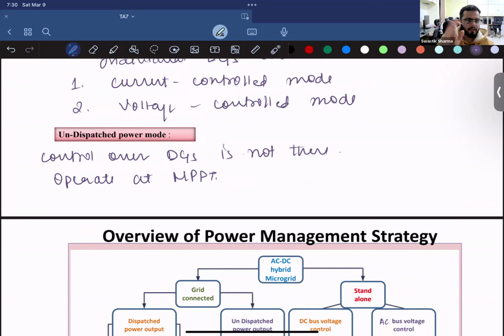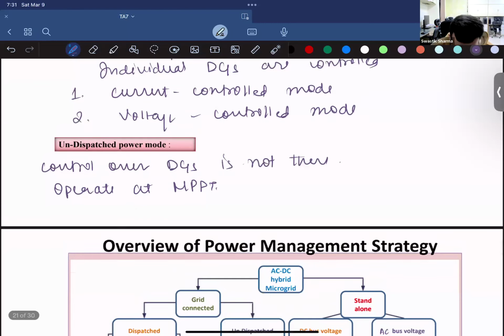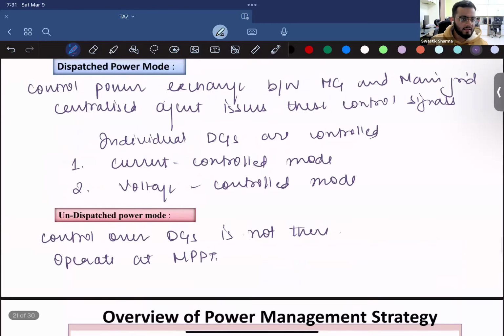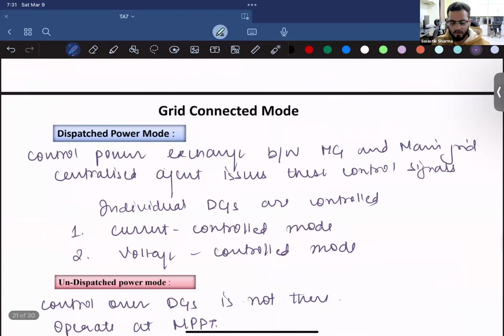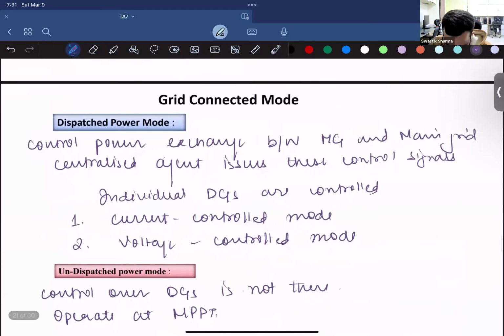They can be intermittent and variable. So for that, you use the storage to smoothen their curves, so that you can control the amount of power injecting into the system, but you are not directly controlling your DGs. So these are two ways in grid connected mode how you can control your system.